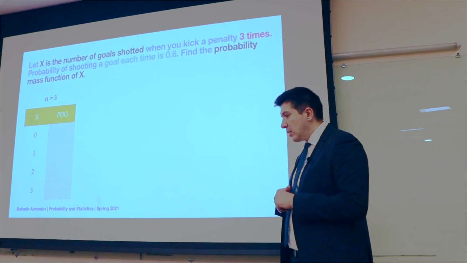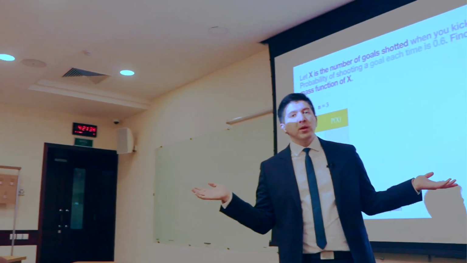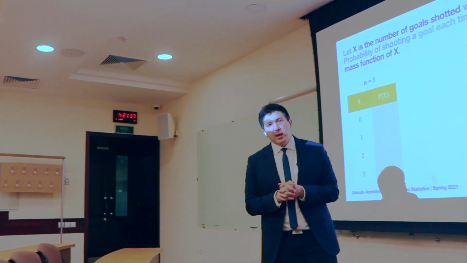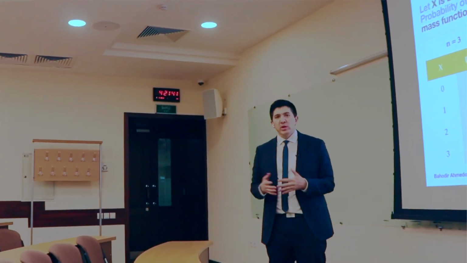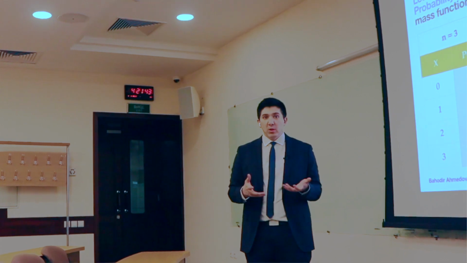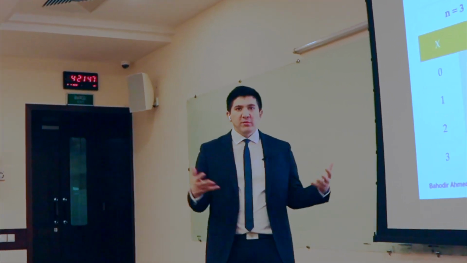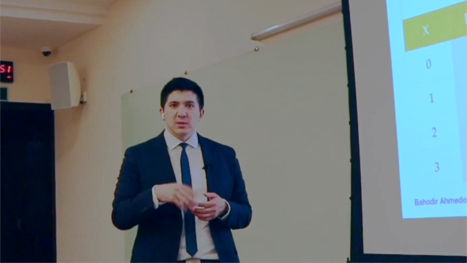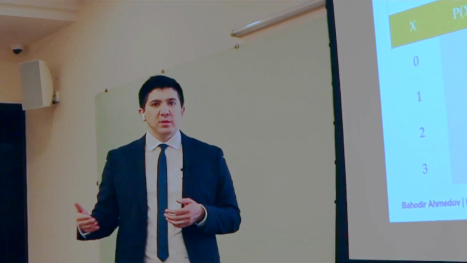Well, if you're kicking the penalty 3 times, you can make no goals at all, right? Because all 3 times you could have an unsuccessful trial, or you can make 1 goal, or 2 goals, or 3 goals, right? So the values of x, the number of successful trials, are either 0, 1, 2, or 3.